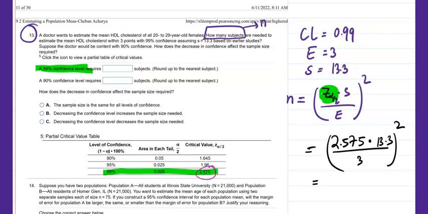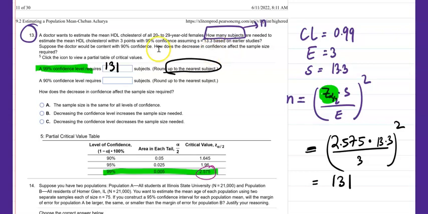If you do it all in the calculator and round up to the nearest integer, that means always go to the higher integer, this gives you 131 subjects. So this time the doctor needs 131 subjects, or a sample size of 131.